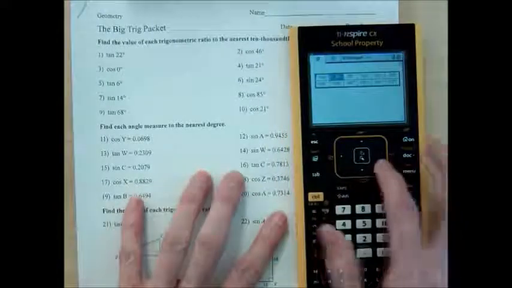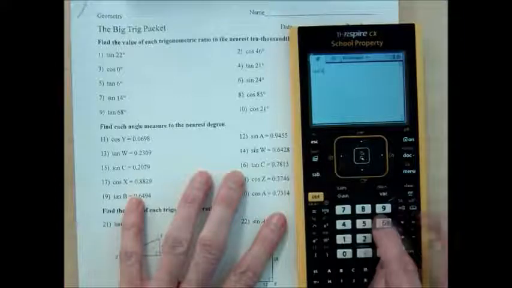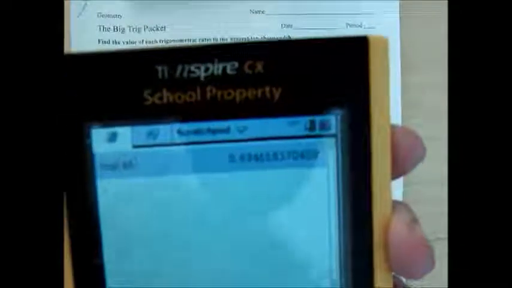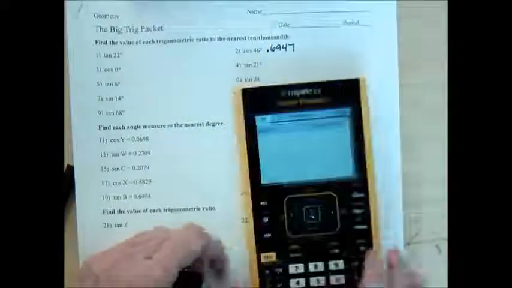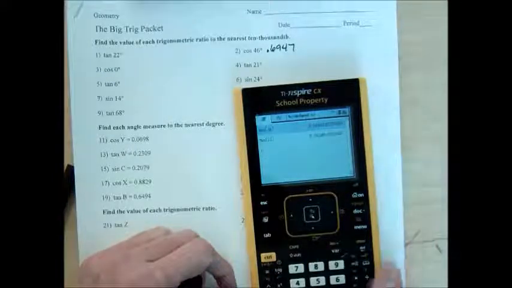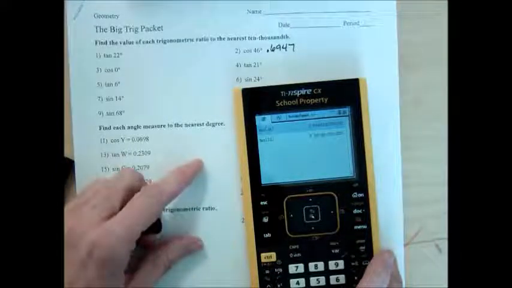So I'm going to go cosine of 46. I want 4 decimal places, and so 0.6947. Tangent of 21, 0.3839.